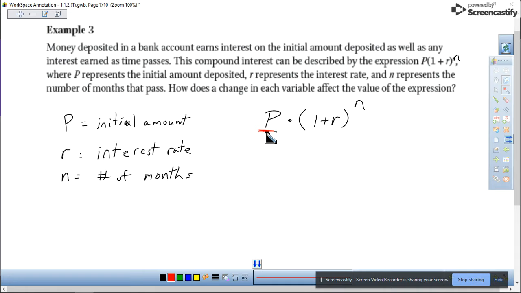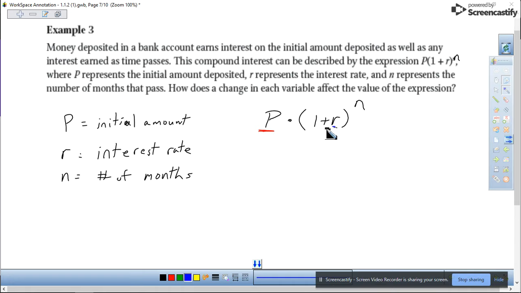factor. So let's go on and talk about R. R is a part of the base of this exponent. Your exponent is up here, that's the n. The R is a part of the base, 1 plus R being the full base. Interest rates are generally going to be given as decimals, but the same conditions apply.